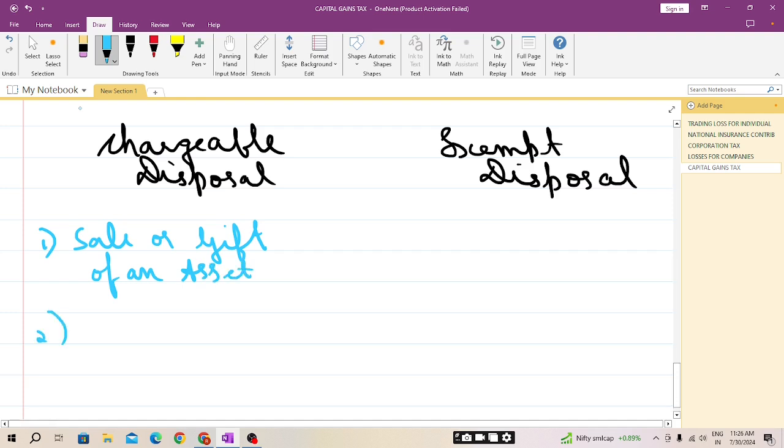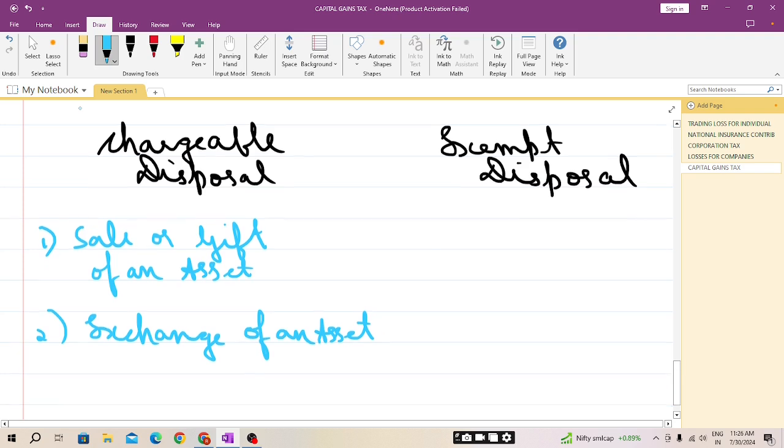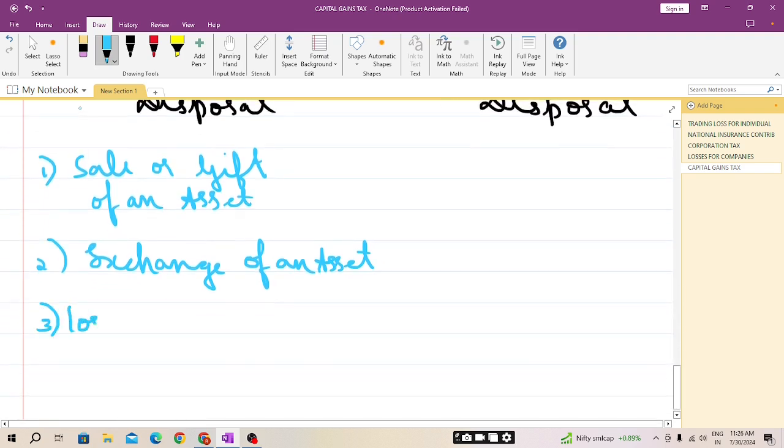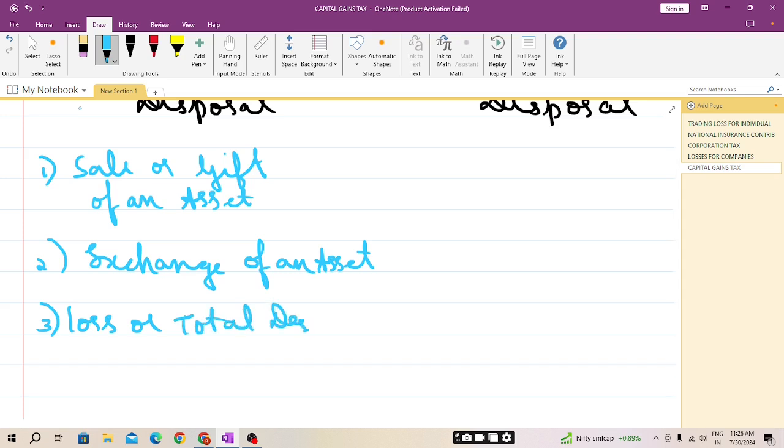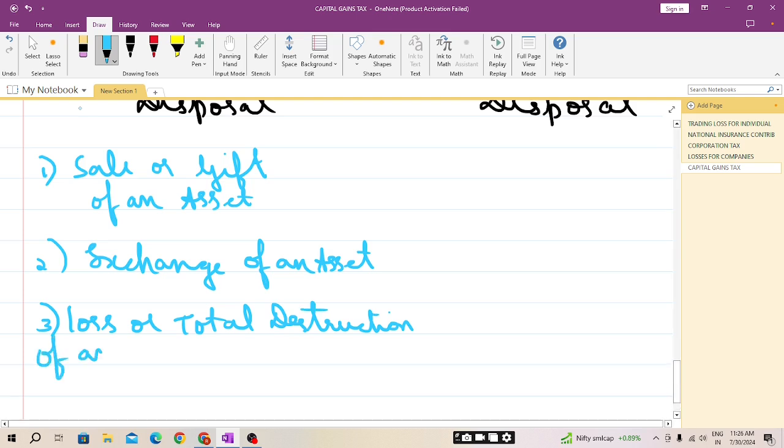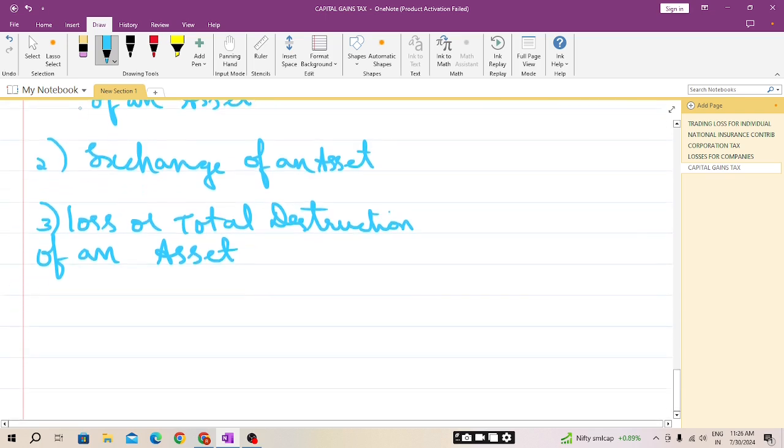Then, exchange of an asset. The third one, loss or destruction of an asset. Loss or total destruction, meaning the asset has been damaged. The fourth one we covered is the receipt of a capital sum.